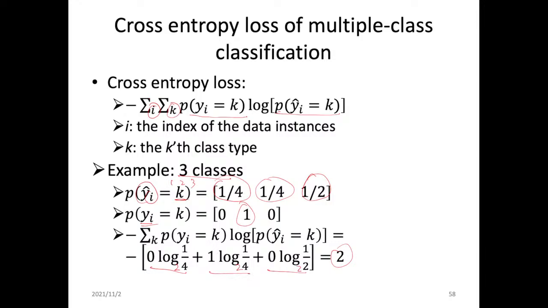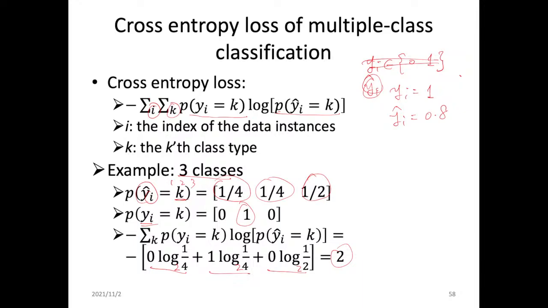Now think about the binary case, where yi can only be either 0 or 1. Let's say a certain yi is indeed 1, and your yi hat is, for example, 0.8.